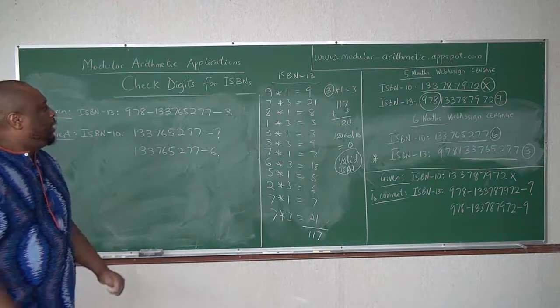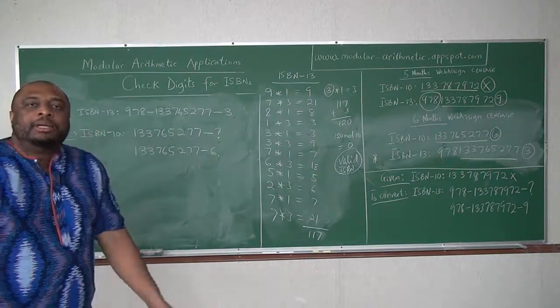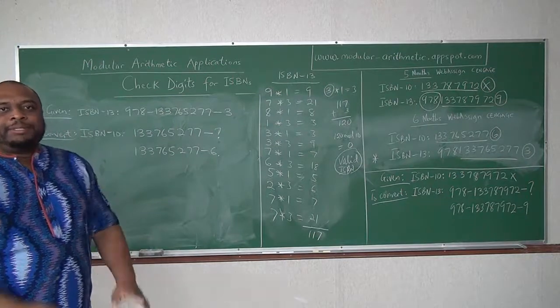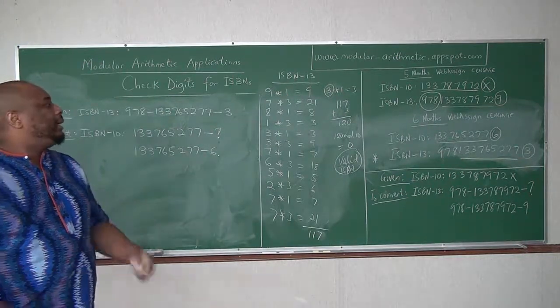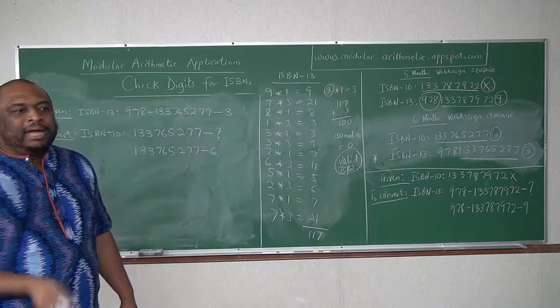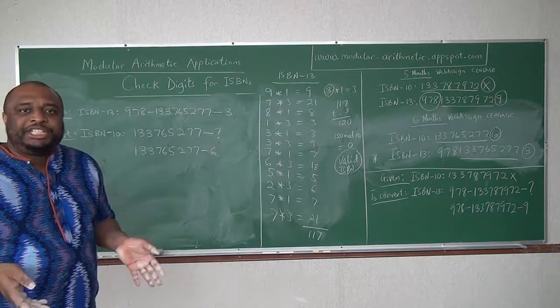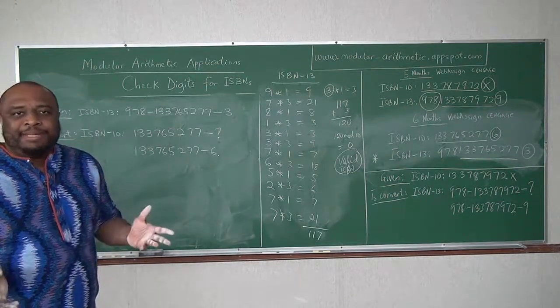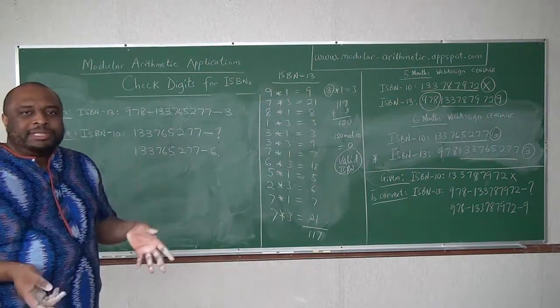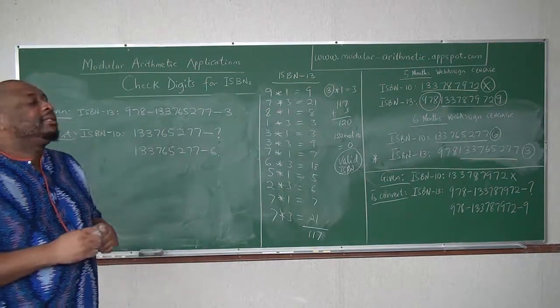Okay. All right. So we explained the concept of ISBNs. We used two different methods to calculate the check digit of an ISBN-10. We used a method to calculate the check digit of an ISBN-13.